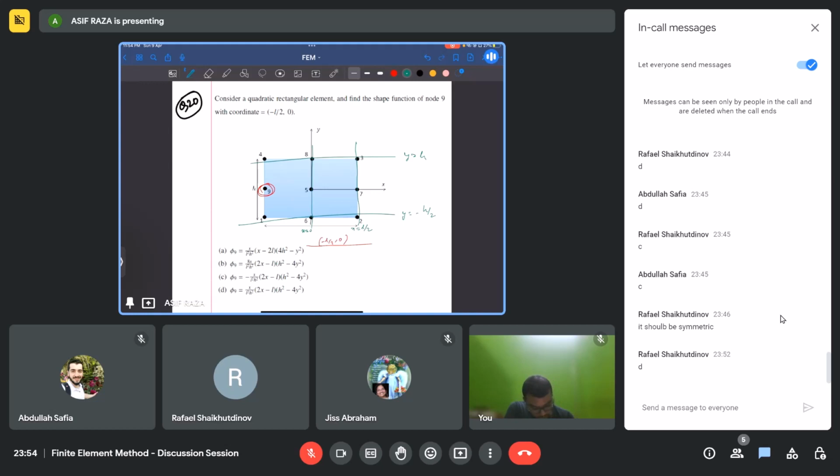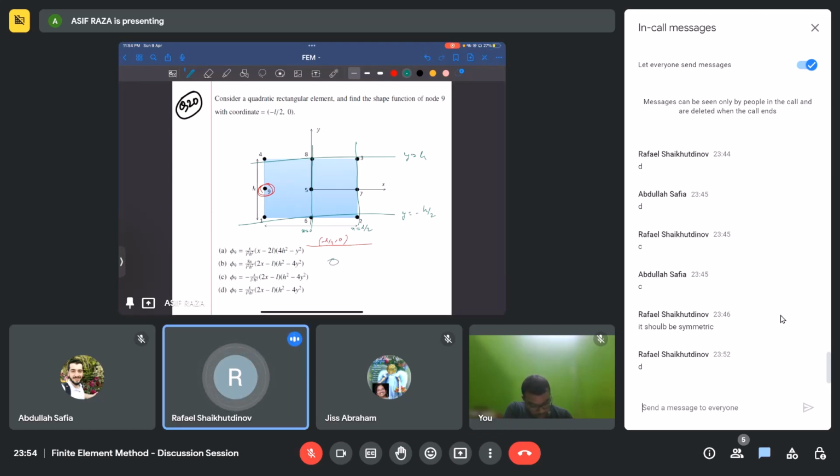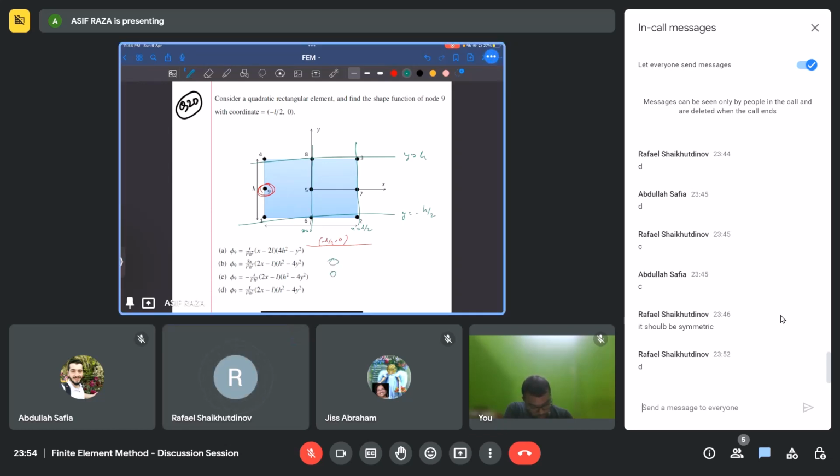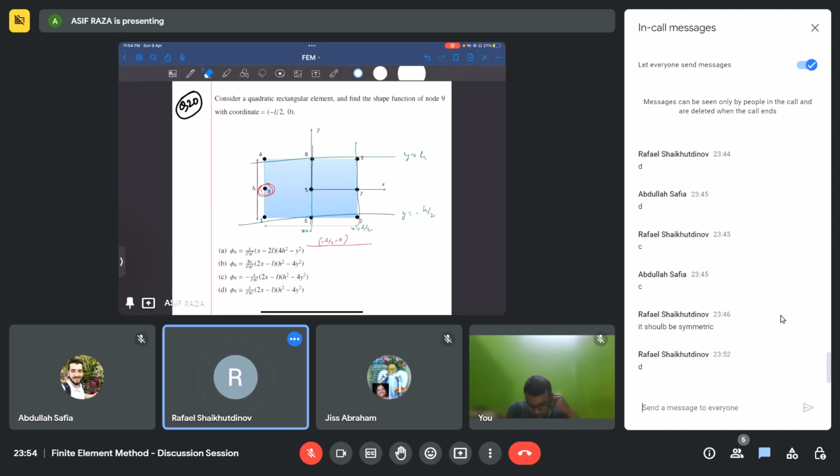This is giving me a complex. If I substitute it here, you have here y is equal to h over 2, not h. Sorry, you should have written y is equal to h over 2, not h.